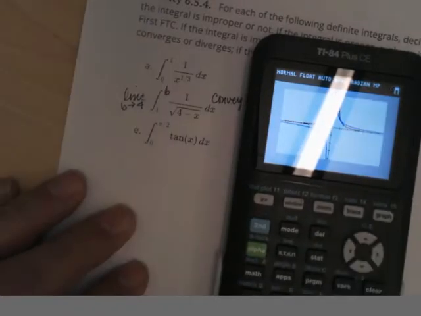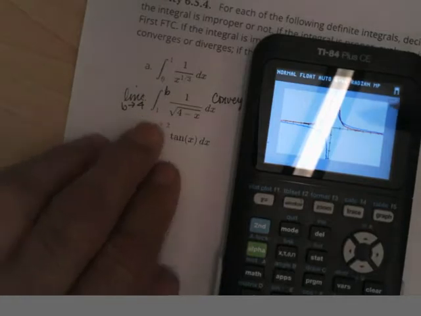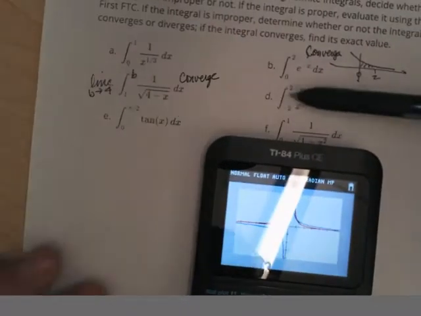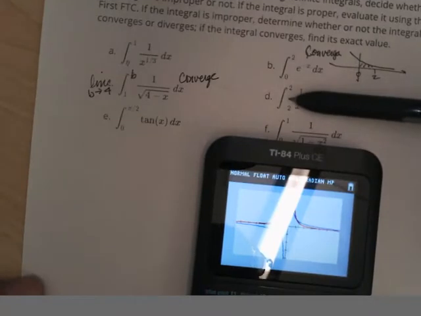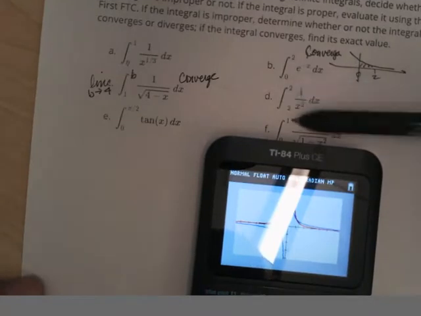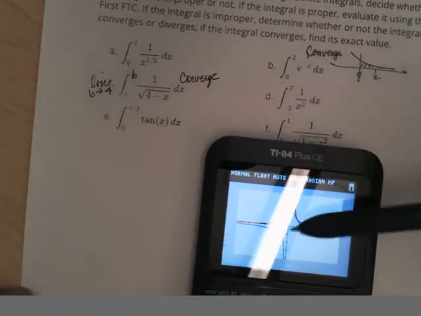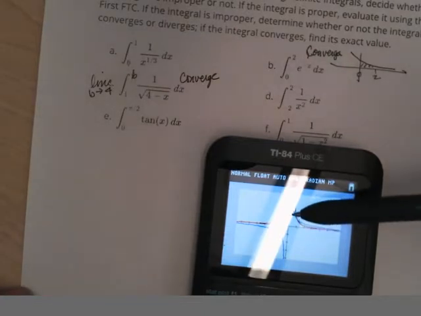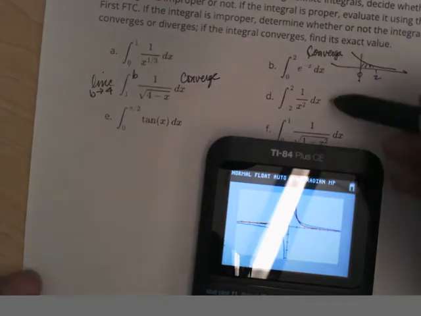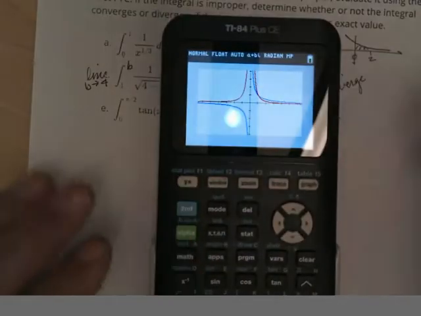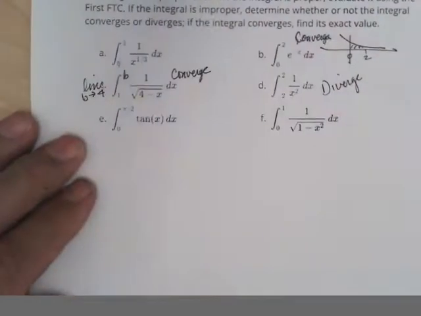So there's that one, and if we're doing it going close to 0, because the zeros are a problem, this is the one where we'd have to split it into 2 halves, but it's so symmetric that we can do it from 1/2 and double the answer. But this gets further and further away, so this one's going to explode. So this one will diverge because it's further away from the axis than the blue, the 1 over x.